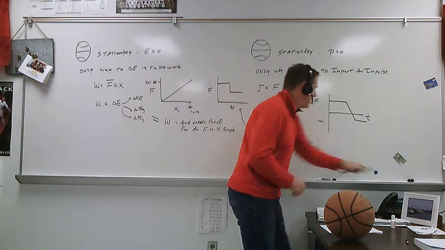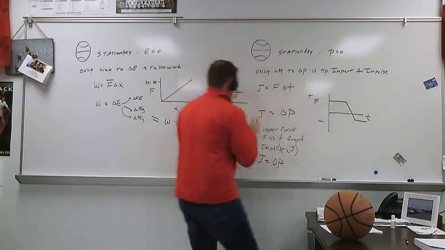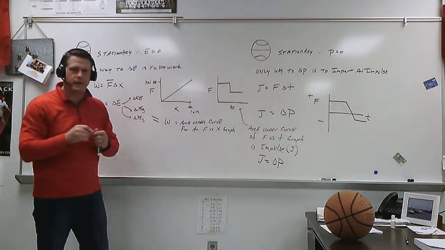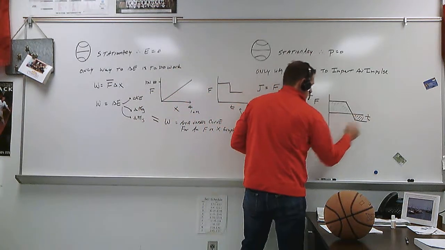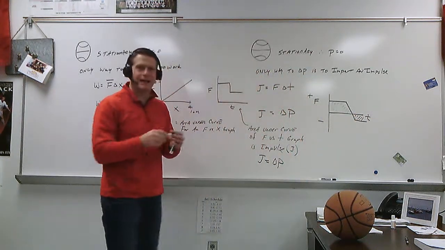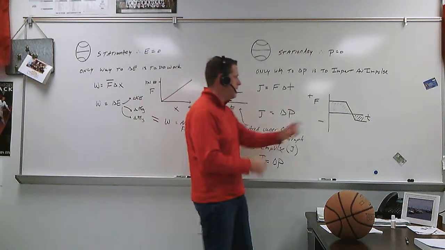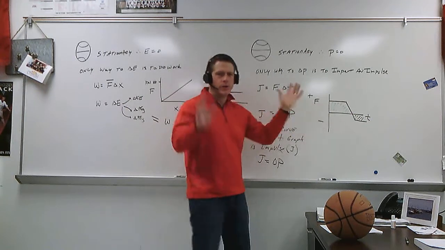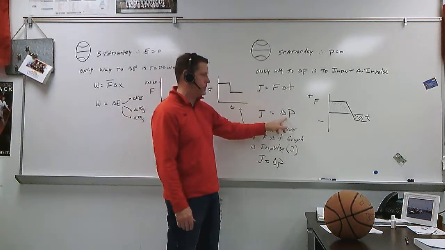So the area under the curve for this section over here is kind of just how we dealt with it right there. But the area under the curve over here is that section highlighted in black. It's actually above the curve. So what do we have here? We have a positive force. Well, guess what? Impulse is a vector quantity as well, and so is momentum.